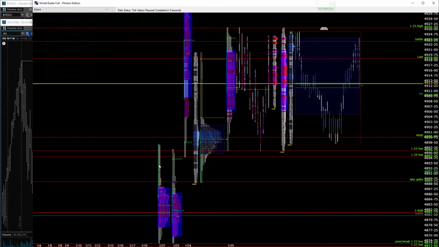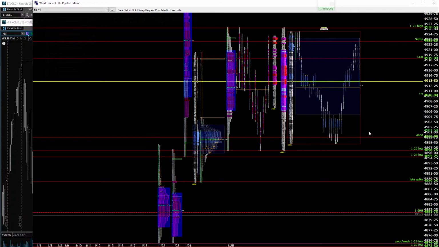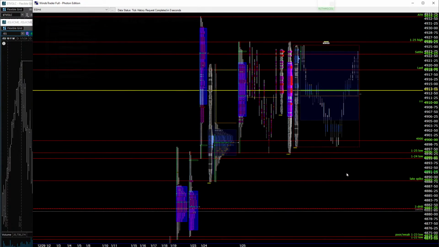Support, resistance here, support here, and the 5000. That's such a psychological number. The 5000 can be there. Many traders want to get to the 4000, the 5000.